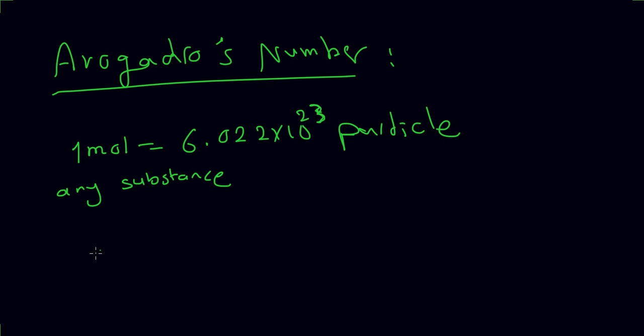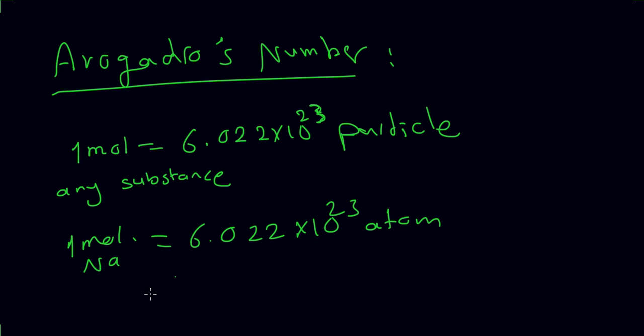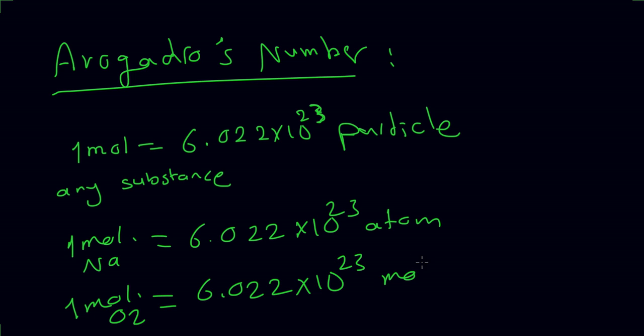For example, 1 mole of sodium is equal to 6.022 times 10 to the power 23 atoms. 1 mole of O2 is equal to 6.022 times 10 to the power 23 molecules, because the smallest part of sodium is an atom, but the smallest unit of oxygen is a molecule.